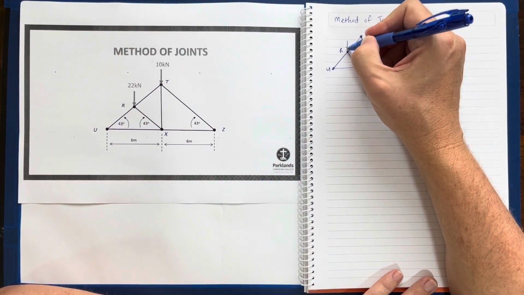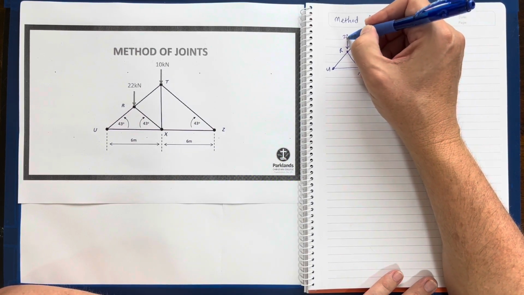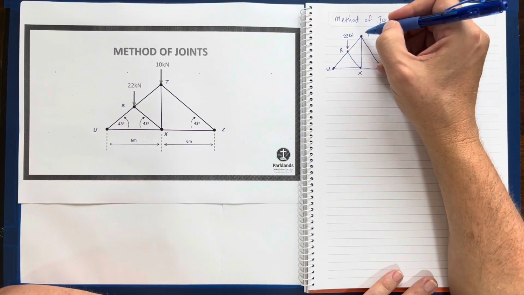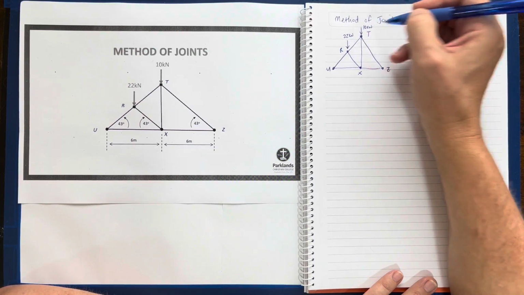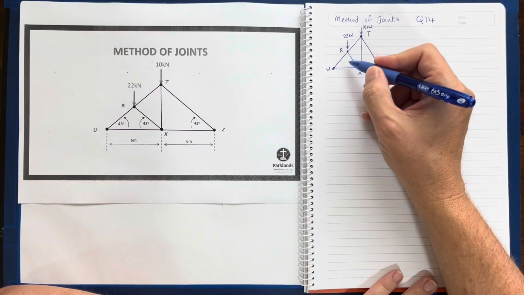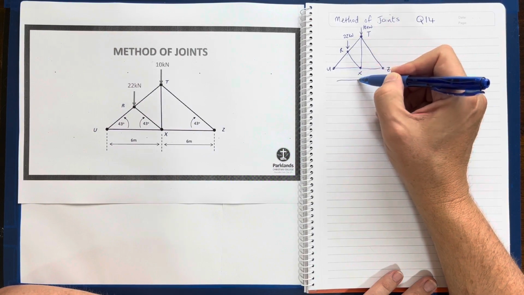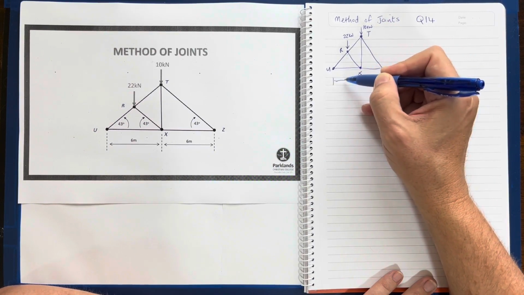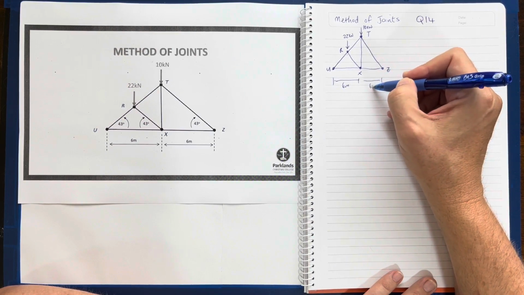And what we can see is that we have a force applied to joint R of 22 kilonewtons and also 10 kilonewtons applied to joint T. We also know that from there to there is 6 meters, and from there to there is 6 meters.